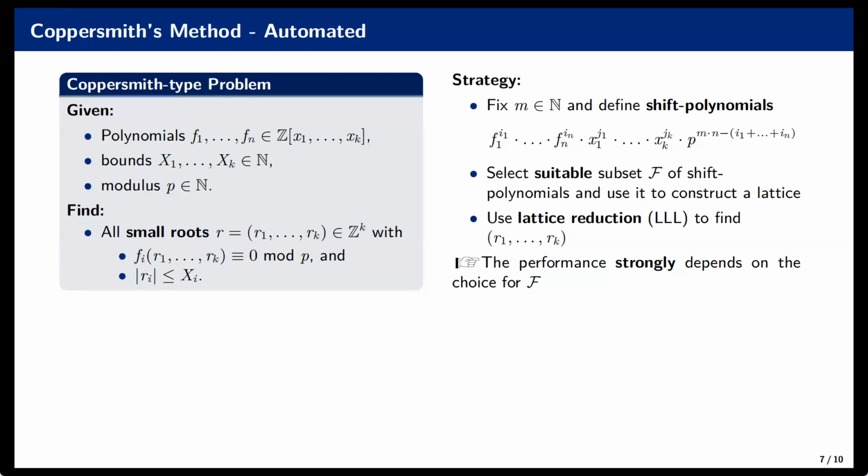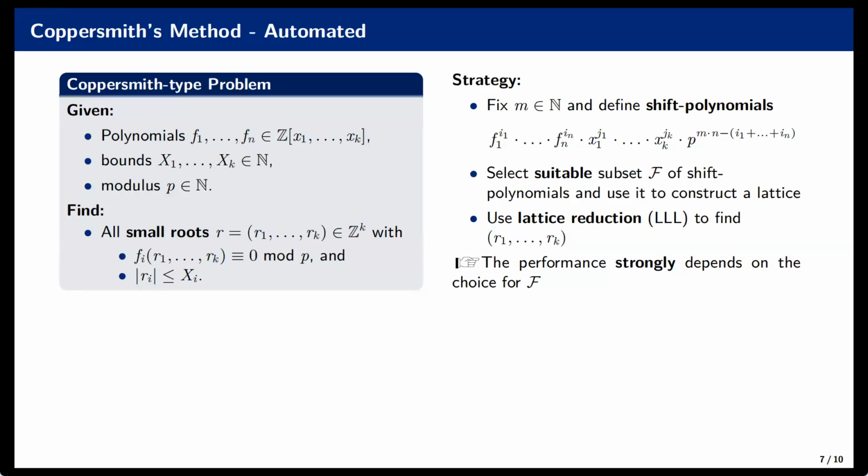Now, because there are a lot of these shift polynomials, we would then select a subset of them. From the subset, we would then construct a lattice. And the last step is to use lattice reduction to find the small roots.